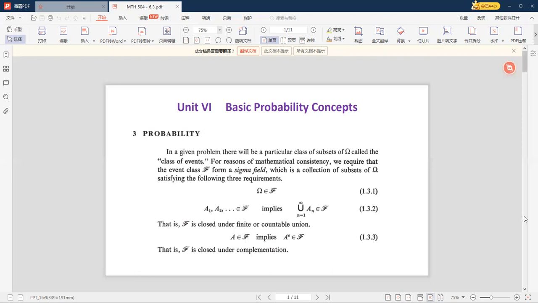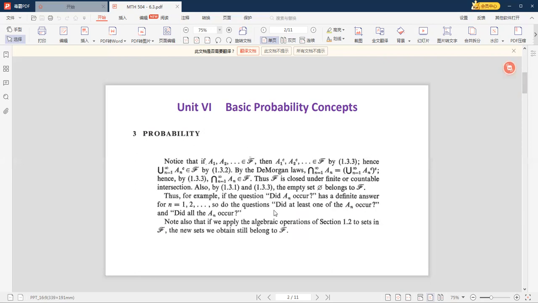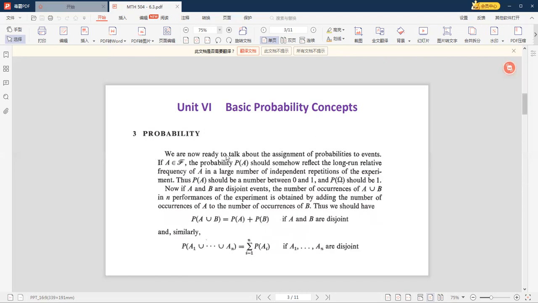All right. So from these three properties, we can deduce some other properties. Then we can define the probability on these events on this field.